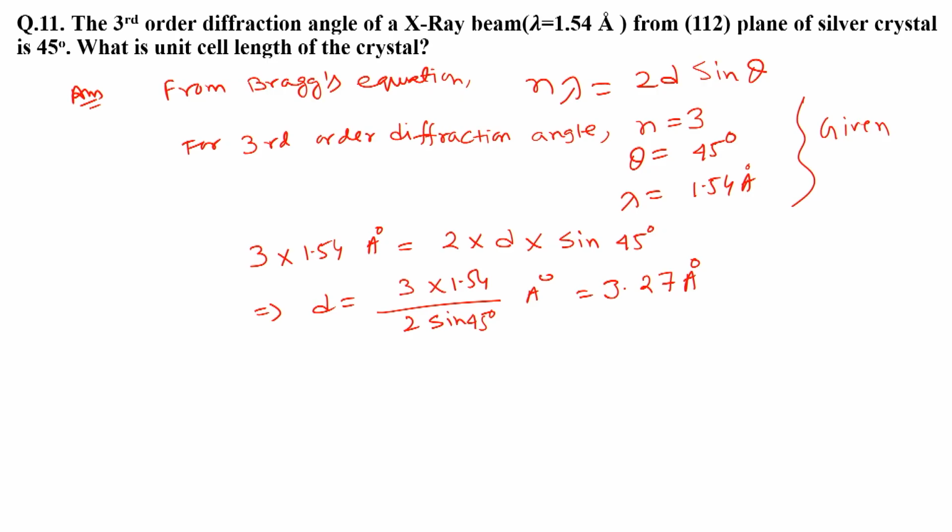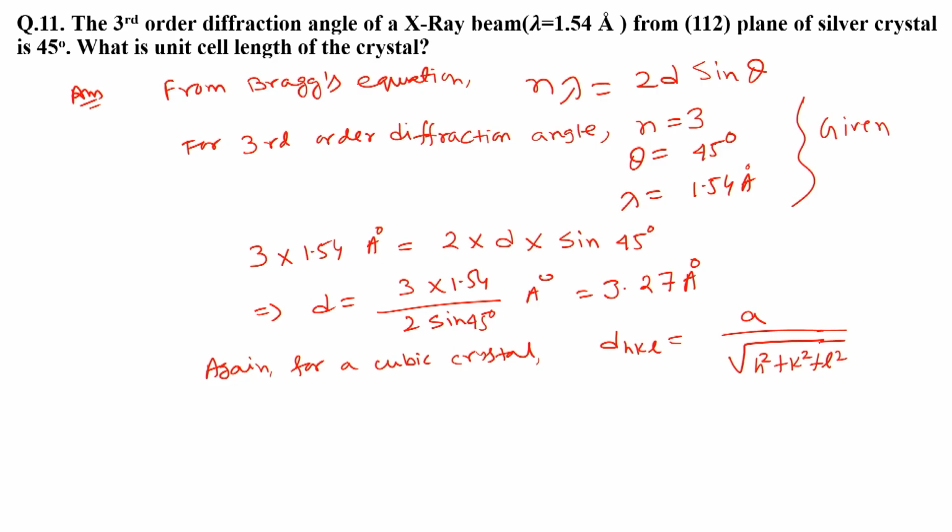Now for a cubic crystal, again, d_hkl is a by square root of h square plus k square plus l square, right?